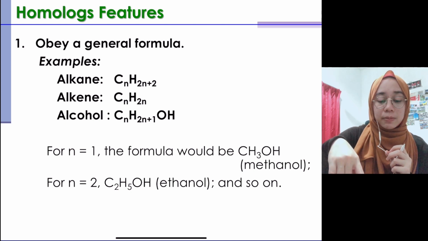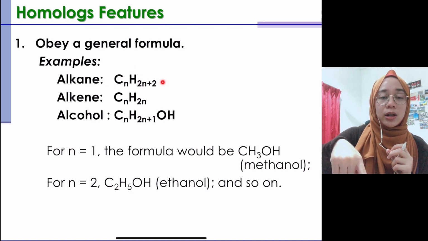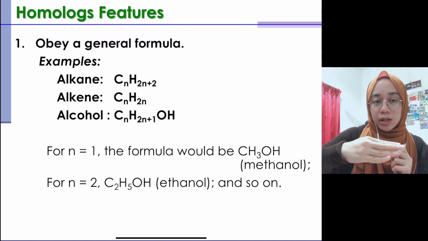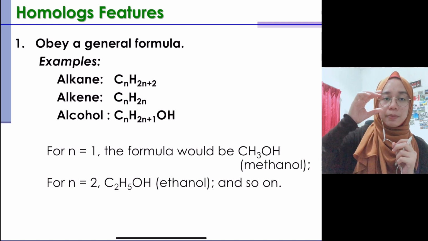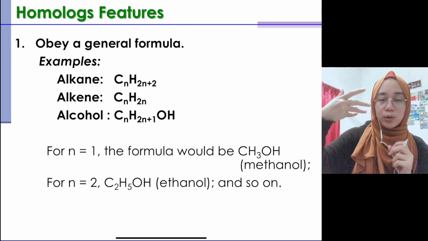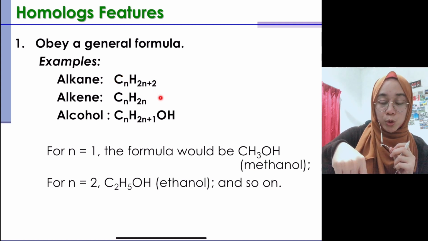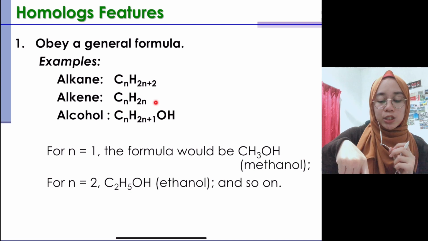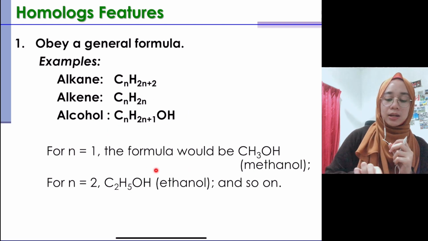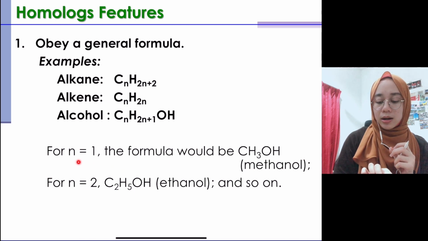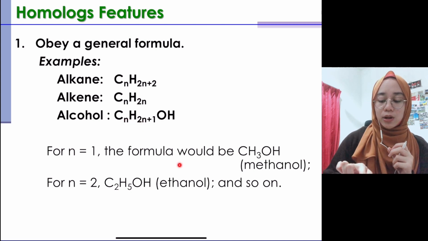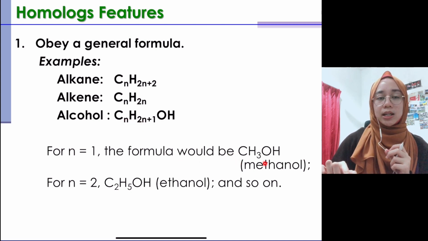Okay, so for example, kalau macam alkane. Okay, so alkane. Semua alkane sebenarnya kalau kita pergi kepada yang carbon yang paling sikit, which is methane, and then we go to the next one, semuanya mempunyai general formula CnH2n+2. Okay, meanwhile alkene pula CnH2n, alcohol pula CnH2n+1OH. So for example here, if we assume that the n is equals to 1, so the formula kalau dia adalah alcohol, kita masukkan 1 dekat sini, so kamu akan dapat formula untuk alcohol tersebut adalah CH3OH.